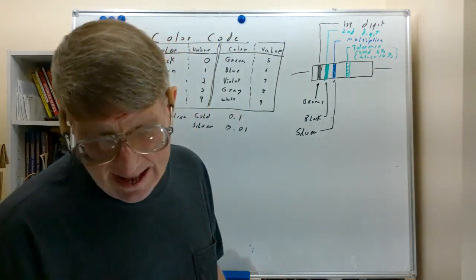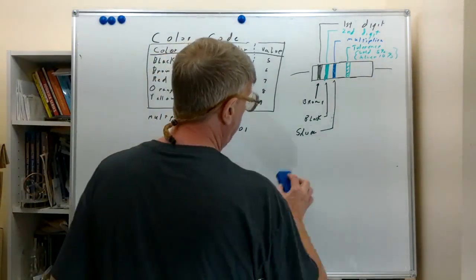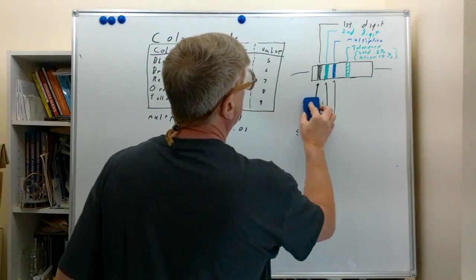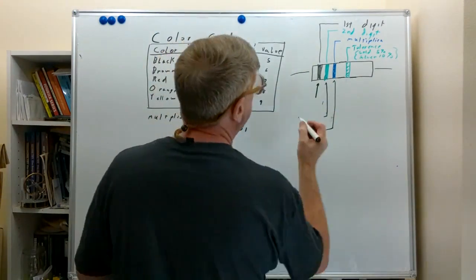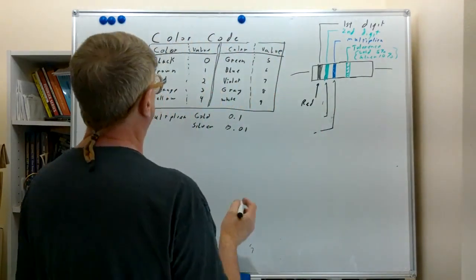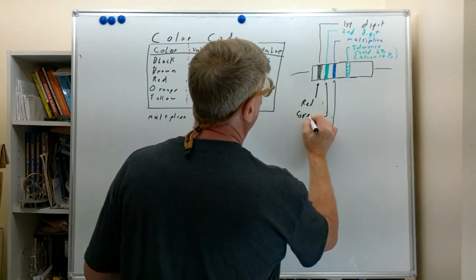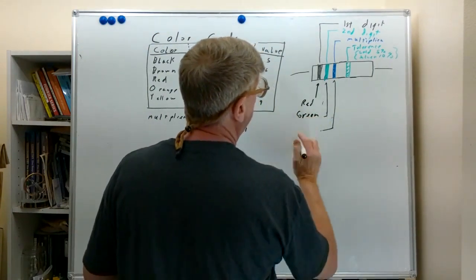Let's say that we have these values. We'll do a couple more. The first stripe is red. The second stripe is a green. And the third stripe is a silver.